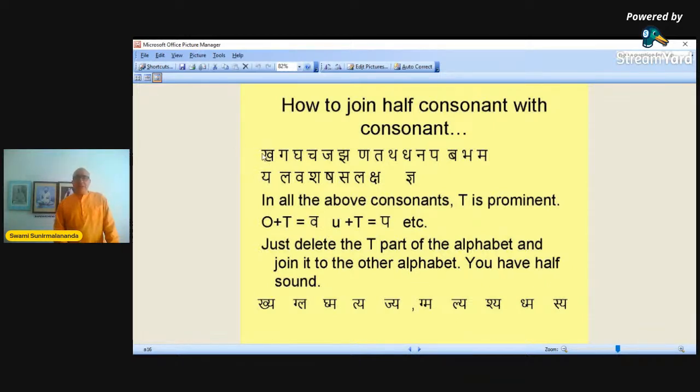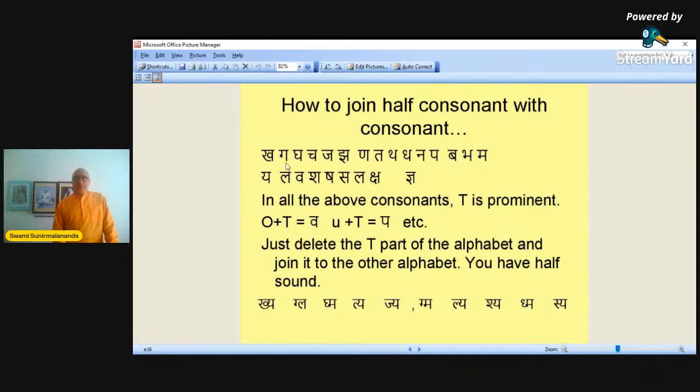For example, you have ka. You must add it to ya. These two have to become one. But this should be half. Khyati, fame. How to write that? Just eliminate the T portion, kya, and write ya together. Just join them. Kya. You must write Ga and La together.